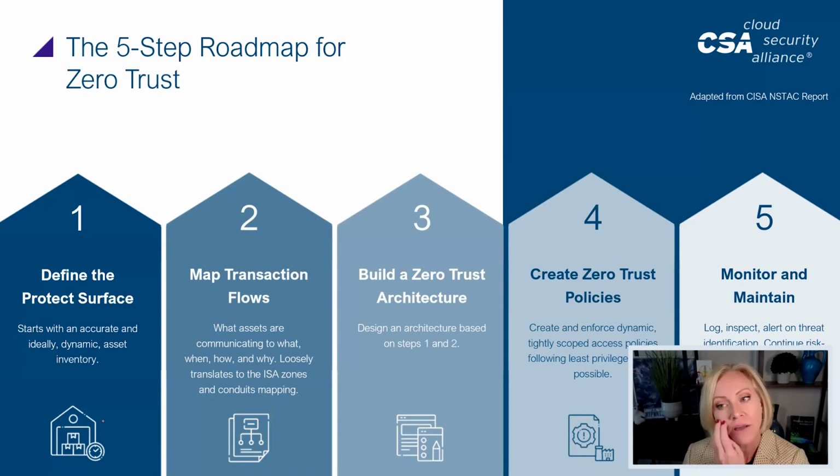And I do want to call out, these are 5 steps for a roadmap, the step 1, step 2, step 3, which is very different than the pillars, because you've probably heard of the 5 pillars where we have devices and users and applications and data and networks. Those are different. Those really speak to the protect surface and the assets and then the communications between them.